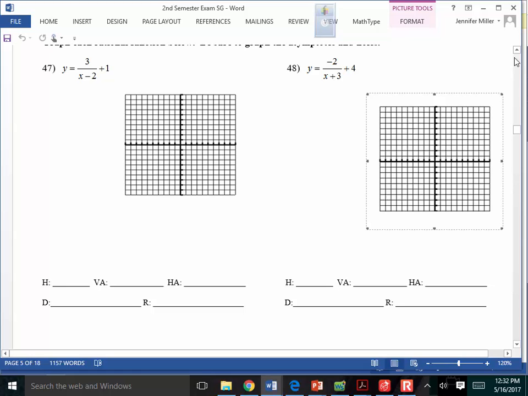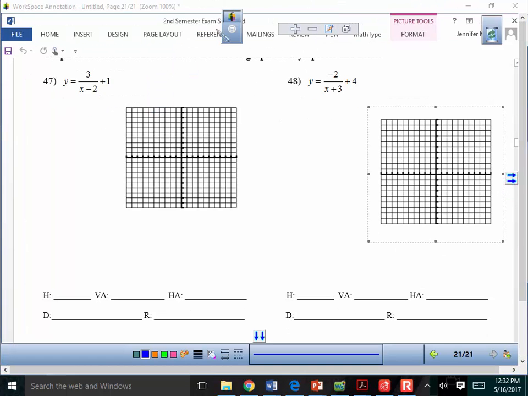Correct. So this is already in the standard form, which is y is equal to a over x minus h plus k. And this is nice. These problems are very nice. 47 and 48, we like these problems, okay?